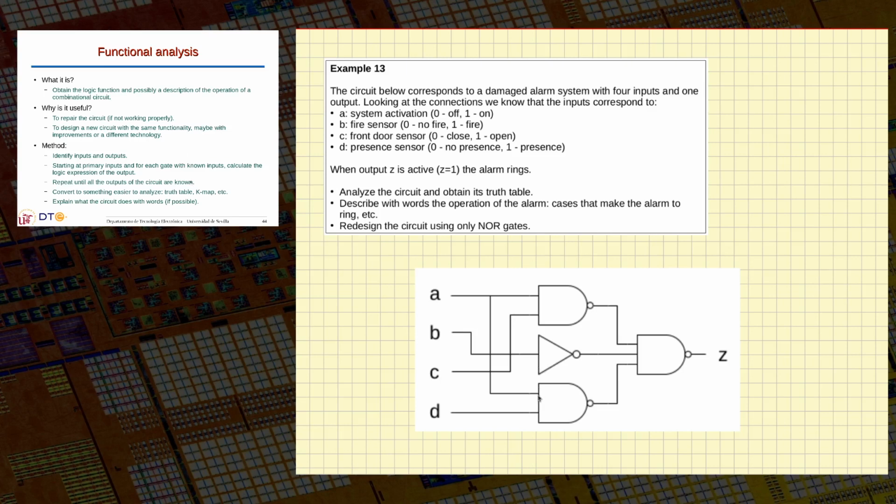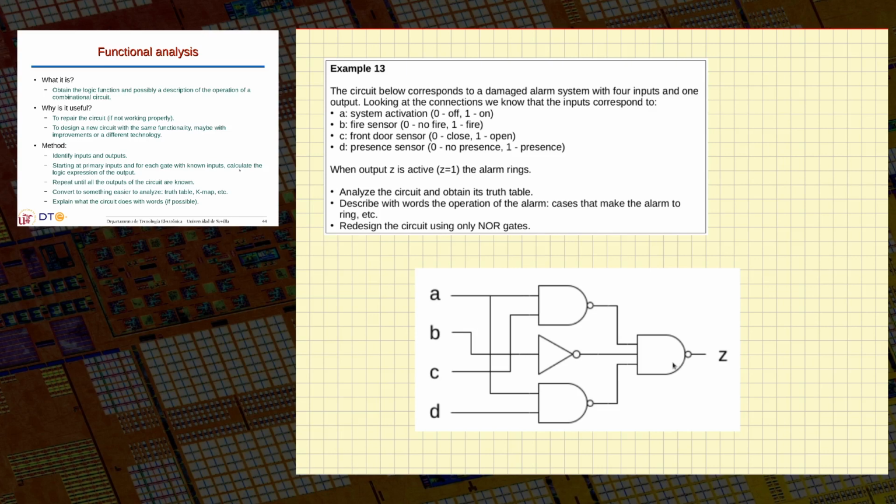They are active high input signals, and the circuit thus considers all these input signals and generates the signal to ring the alarm if necessary, and the alarm is supposed to be activated when Z is equal to 1. Okay, but we don't really know in which conditions the alarm actually is activated or not.